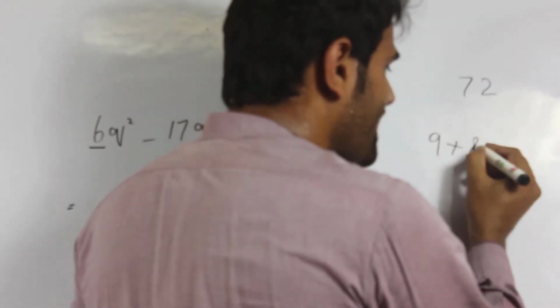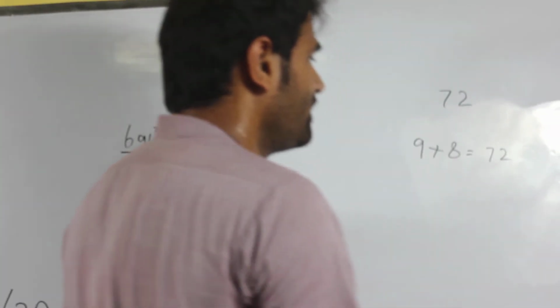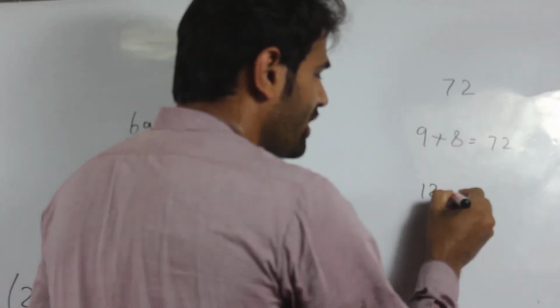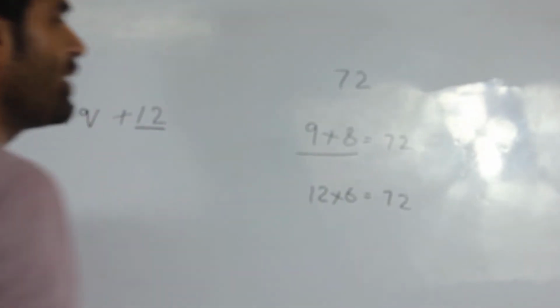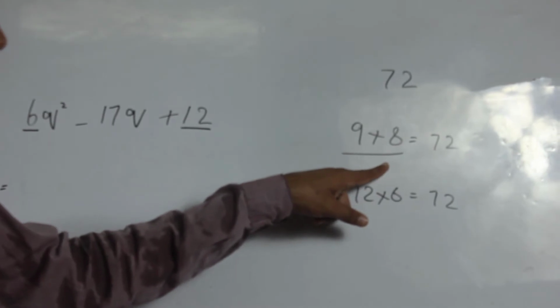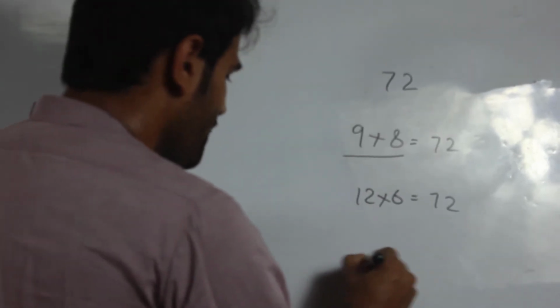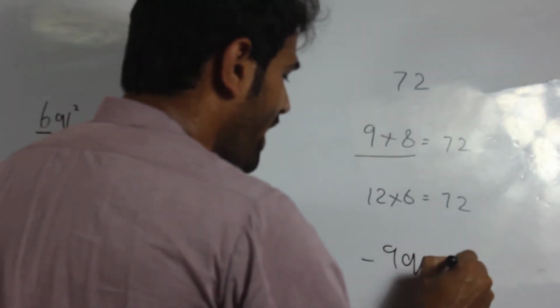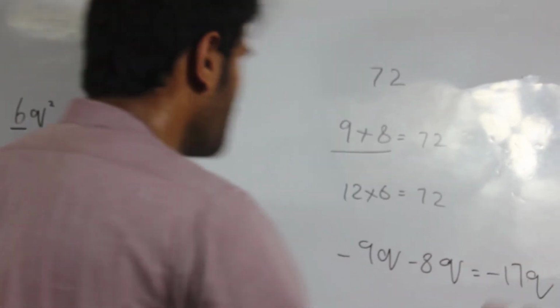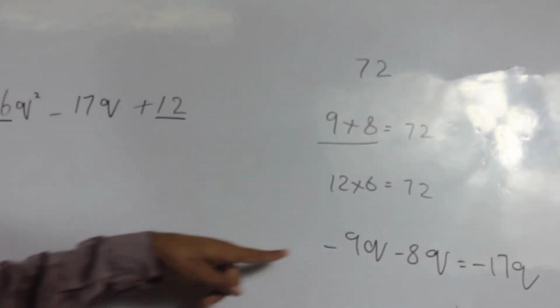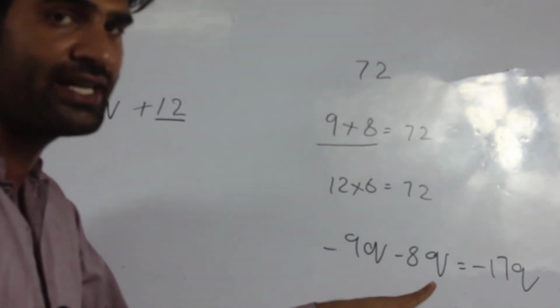9 eights are 72, and also 12 sixes are 72, but I need two numbers, these 9 and 8. When I perform minus 9q minus 8q, then I get minus 17q. So these are the required numbers, minus 9q and minus 8q.